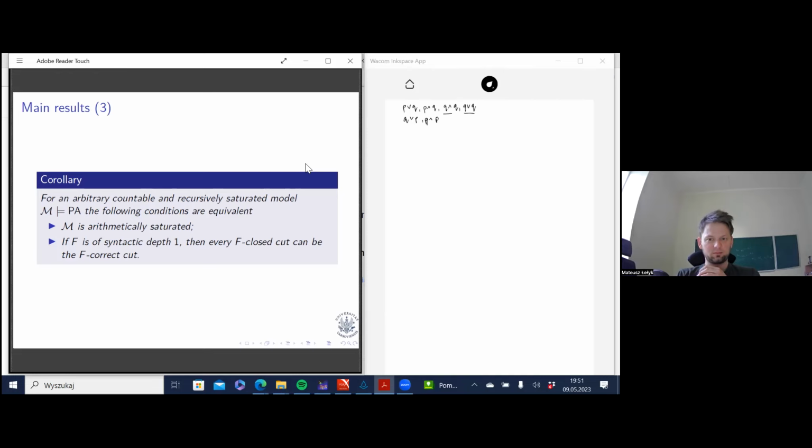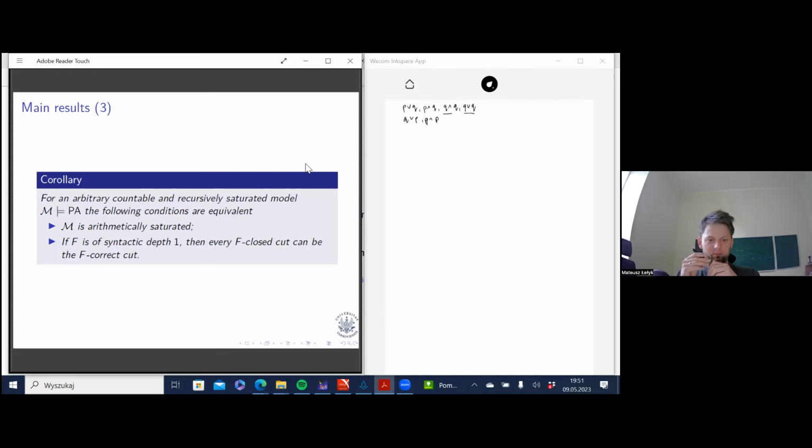That's the upshot of this, and the same goes for binary disjunctions, or additive versus accessible cases. The same goes for all of these different kinds of pathologies. Either every single cut that satisfies this one basic property of closure can be the correct cut, in which case the model must be arithmetically saturated.